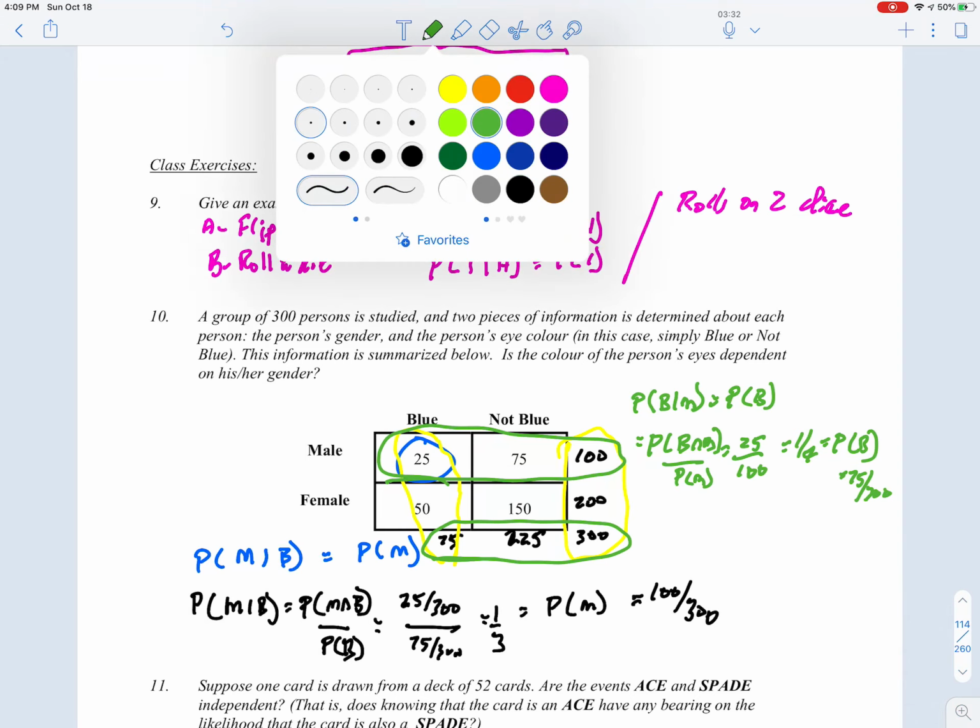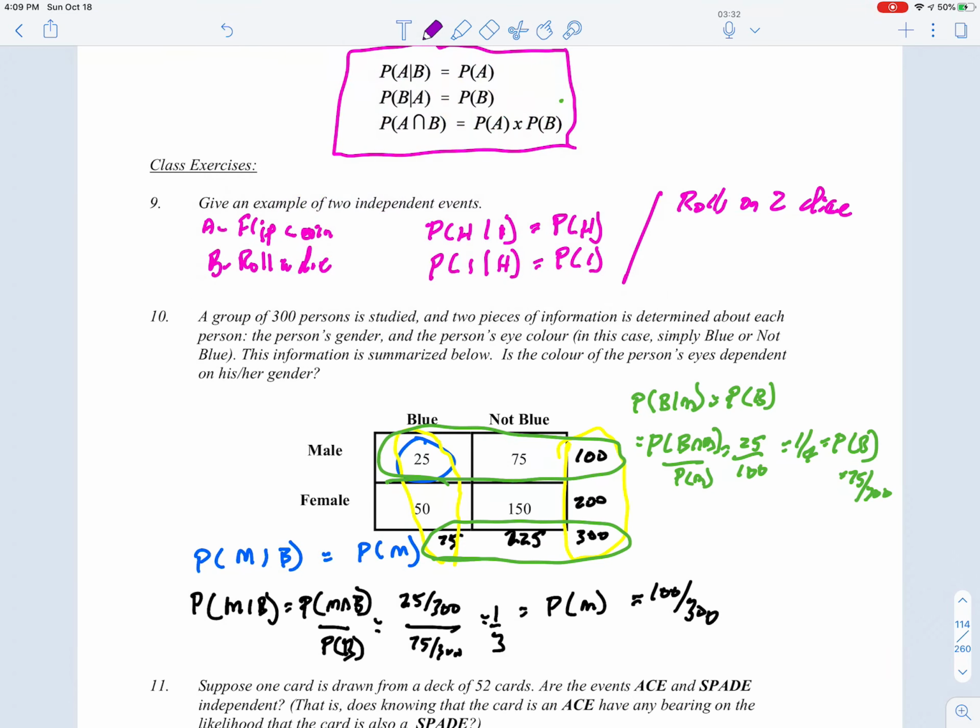And then the last example here is, let's change this to maybe a purple, the probability of B and M. If they're independent, it should be equal to the probability of B times the probability of M. So the probability of B and M is going to be this guy here, 25 out of 300.